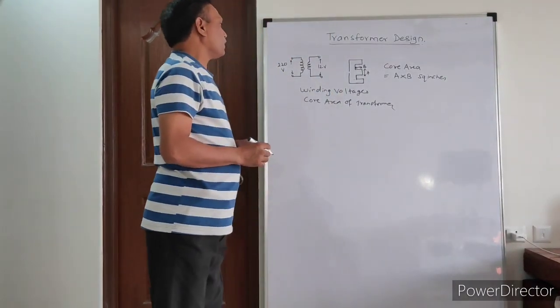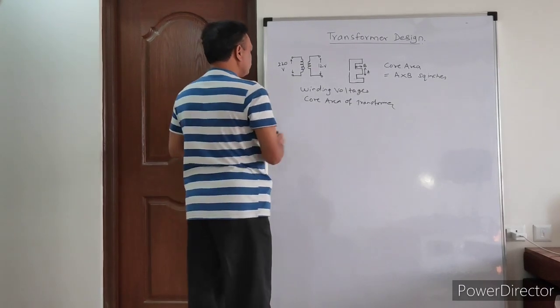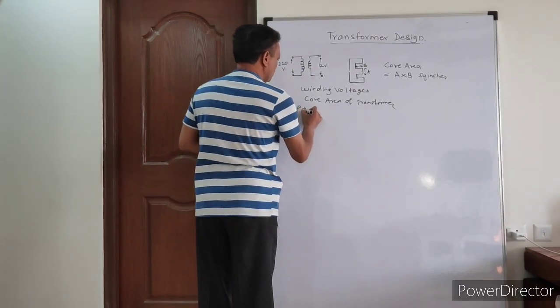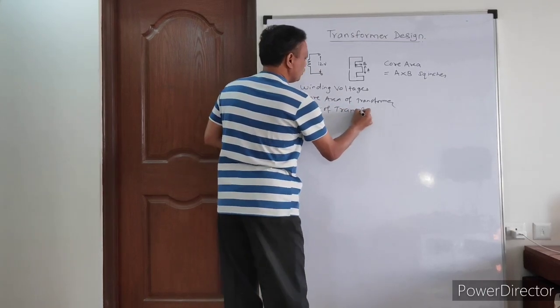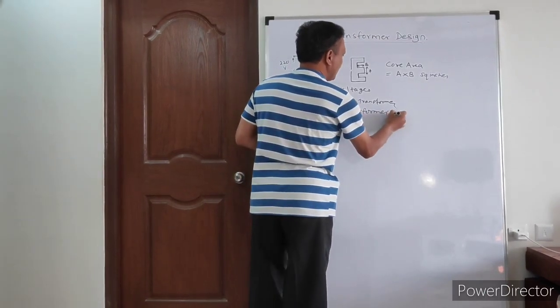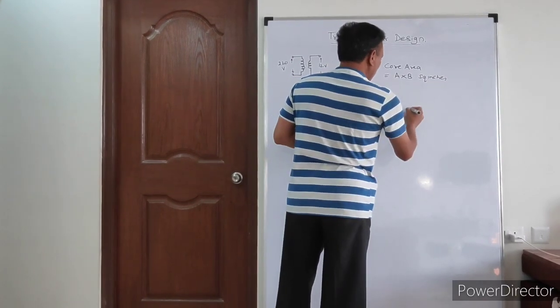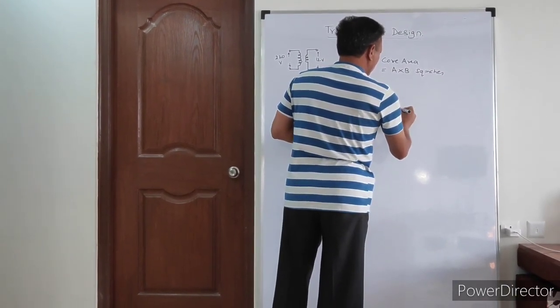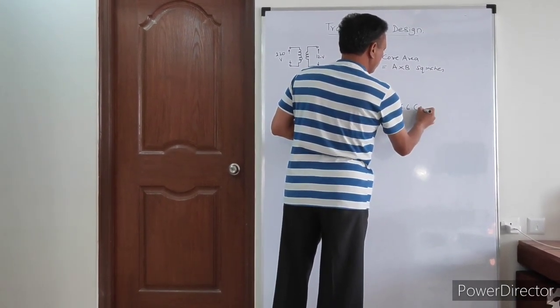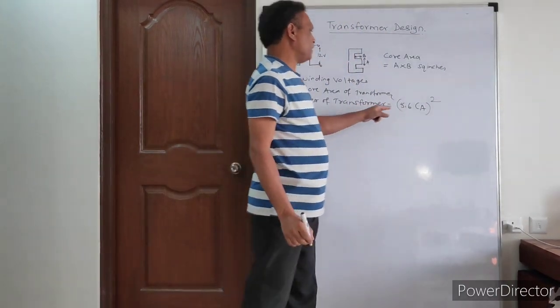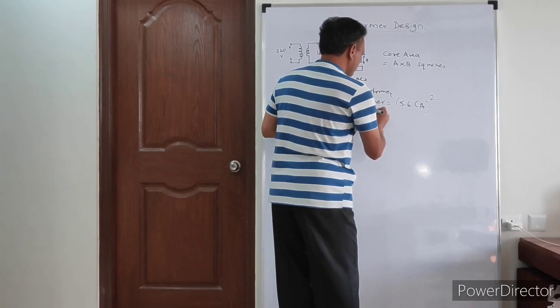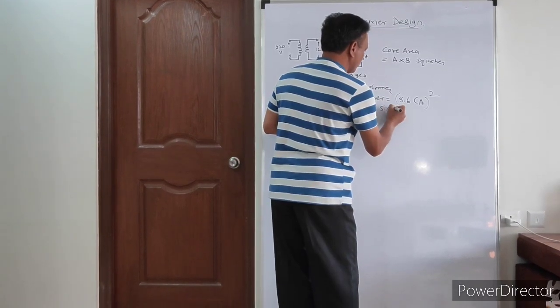Now let us see how to find out the power of a transformer. Power of a transformer will be calculated as (5.6 times core area) whole term squared.